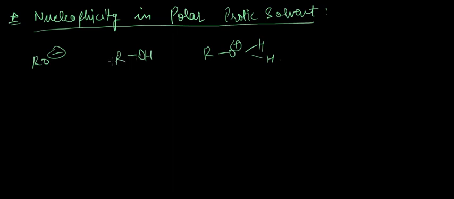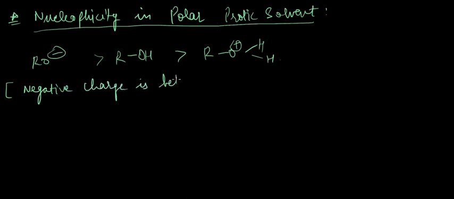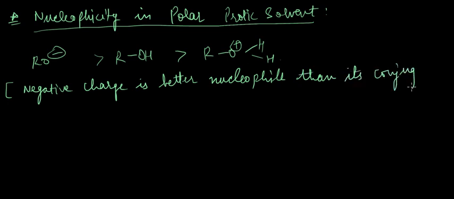The order of nucleophilicity would be something like this: a negative charge is a better nucleophile than its conjugate acid. This was the first example.